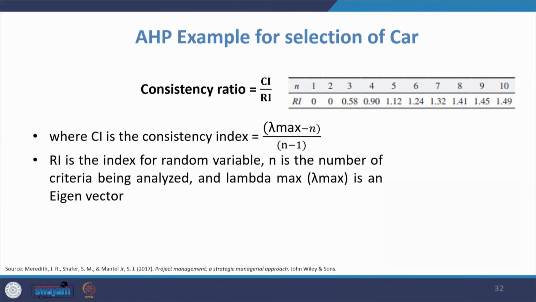The random index is the mean of consistency indices obtained for randomly generated pairwise comparison matrices. That value can be directly obtained from the table. But now, how to find out the consistency index? For that, you see the formula: lambda max minus n upon n minus 1.